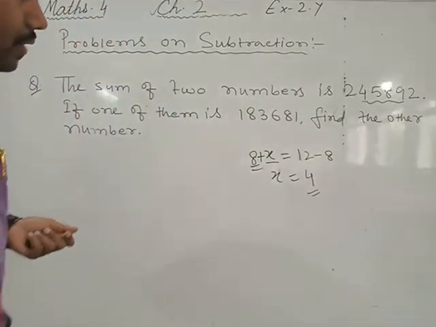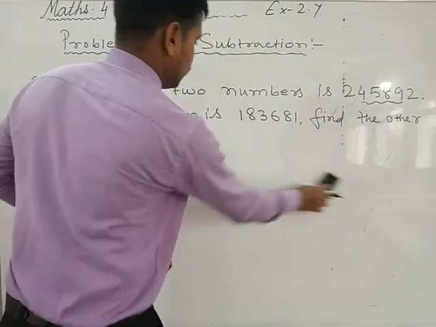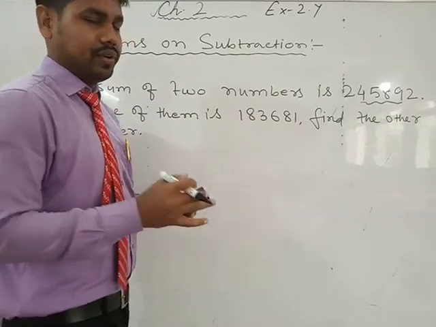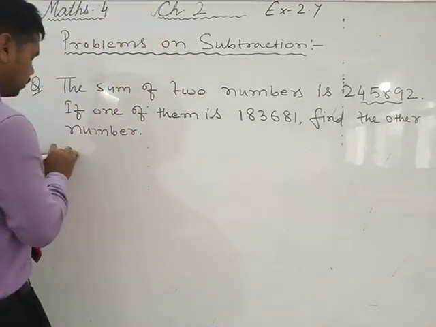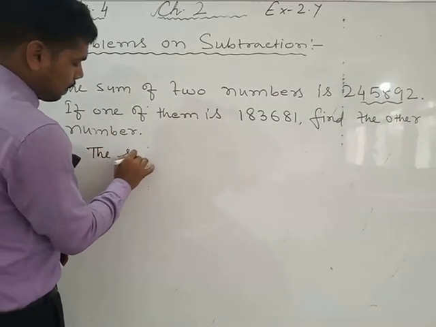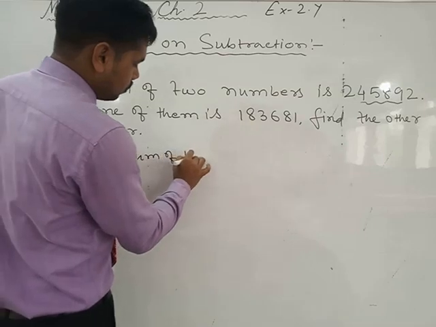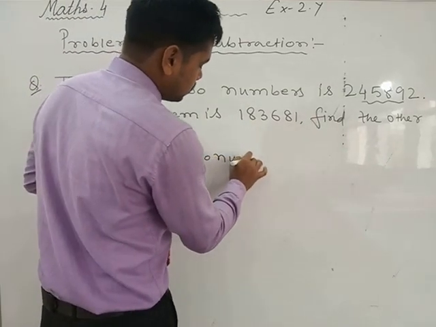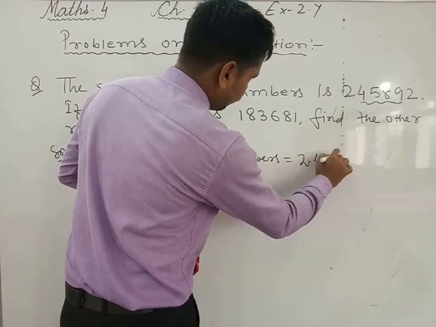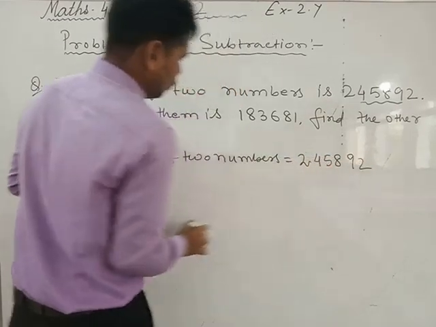Okay, so let's write: the sum is given. You can do it by considering a variable also, but I am doing it simply. So the sum of two numbers is equal to 245,892.